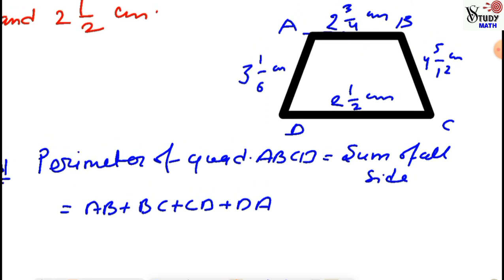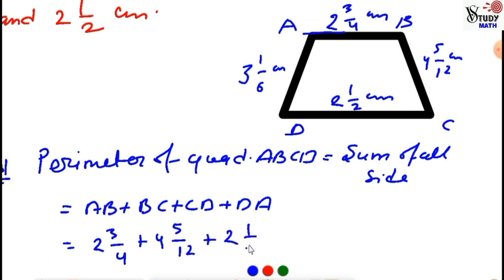The value of AB is 2 3/4 centimeter, BC is 4 5/12 centimeter, CD is 2 1/2 centimeter, and DA is 6 1/6 centimeter.